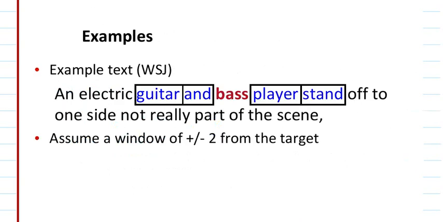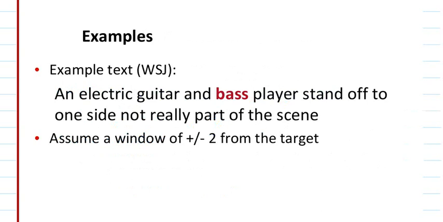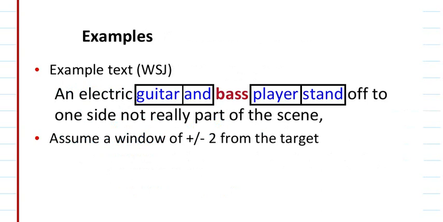As an example, I have a text: an electric guitar and bass player stand off to one side, not really part of the scene. Assuming a window of ±2, I will get these as the co-locations. This is W minus 1, this is W minus 2, this is W1, and this is W2.